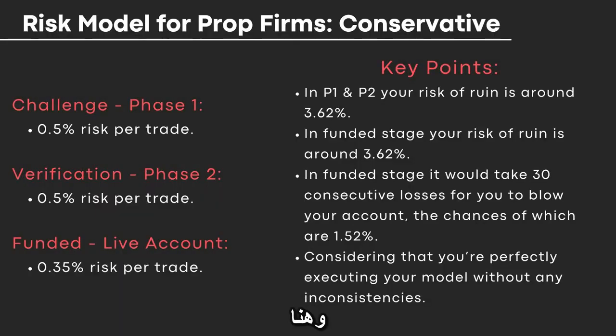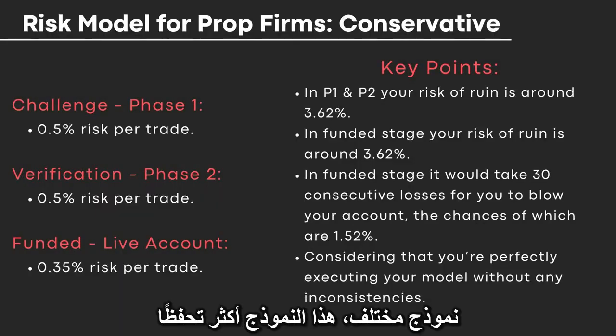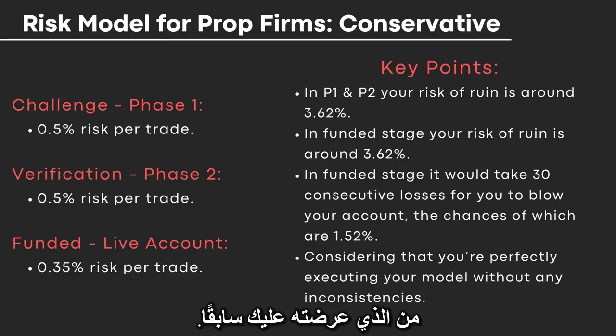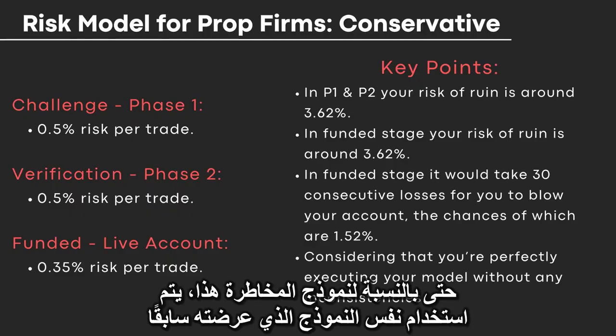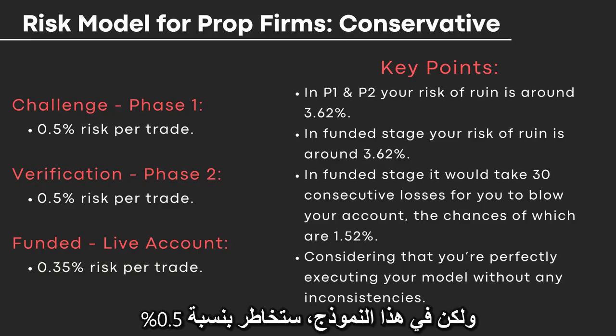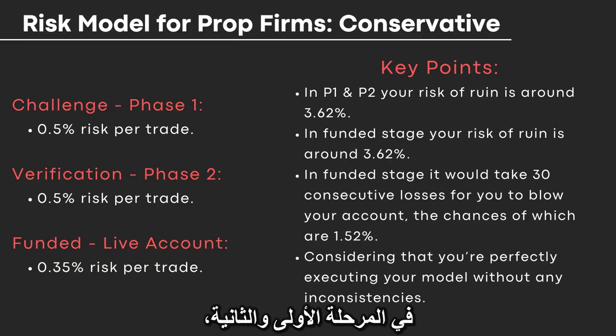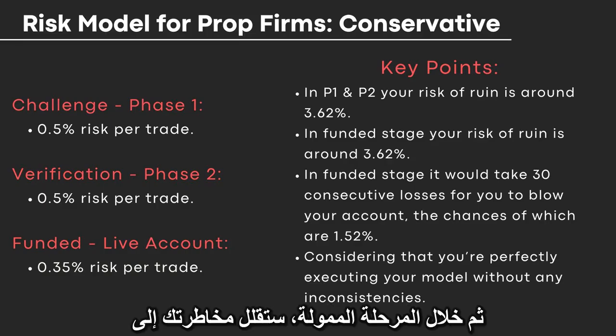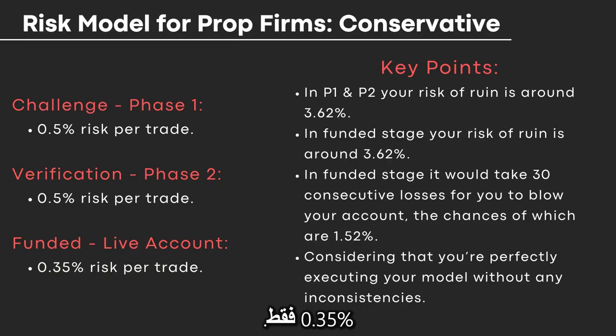And right here's a different model. This one is a more conservative model than the one I showed you earlier. Even for this risk model, the same model is used that I showed you earlier with the 40% win rate and 3 risk to reward ratio. But in this one, you'll be risking 0.5% in phase 1 and phase 2. And then during funded stage, you'll lower your risk to only 0.35%, right?